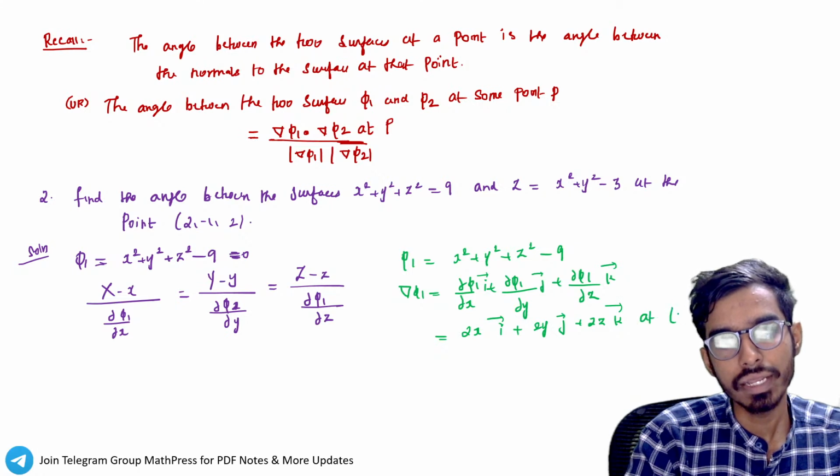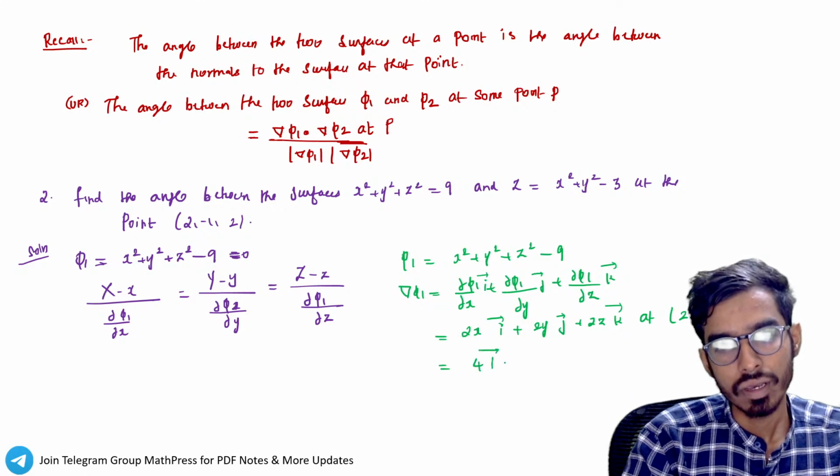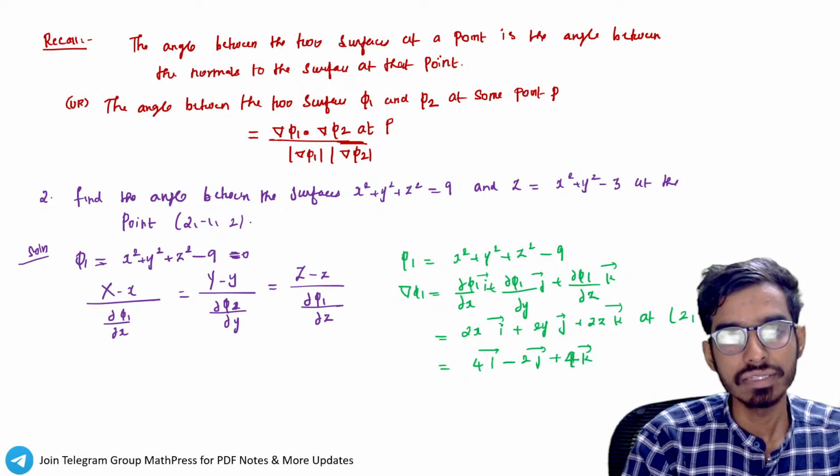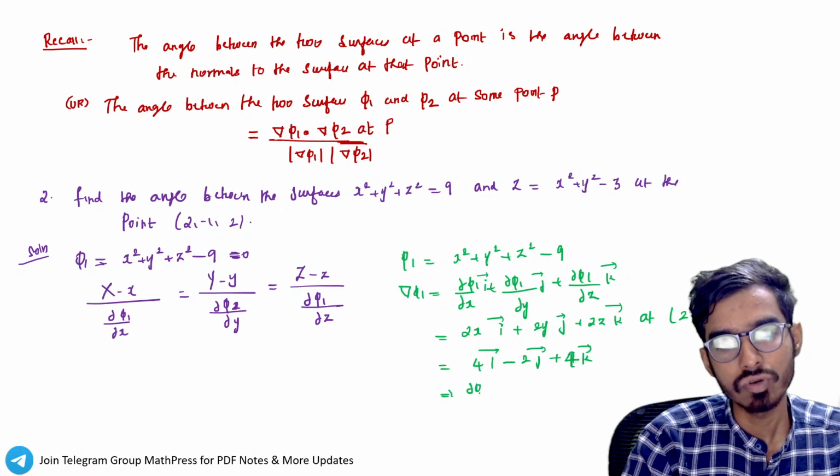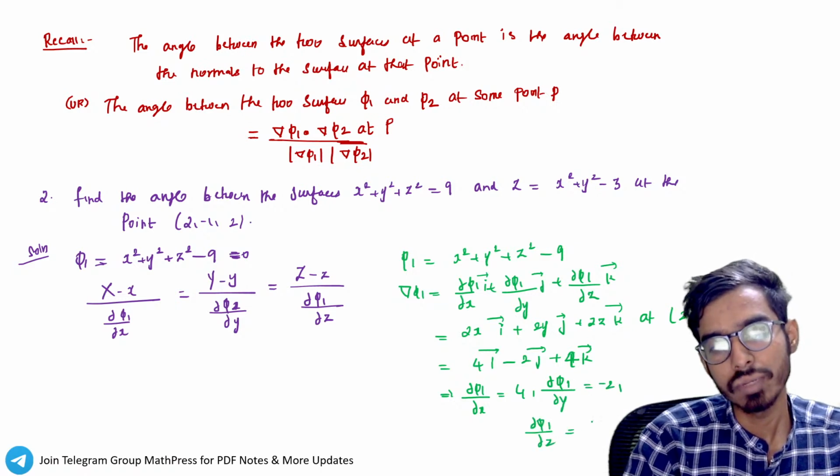Now at the point (2, -1, 2), the gradient will be 4i vector minus 2j vector plus 4k vector. You compare this with the previous expression, so this implies dou phi1 by dou x will be 4, dou phi1 by dou y will be minus 2, and dou phi1 by dou z will be plus 4.